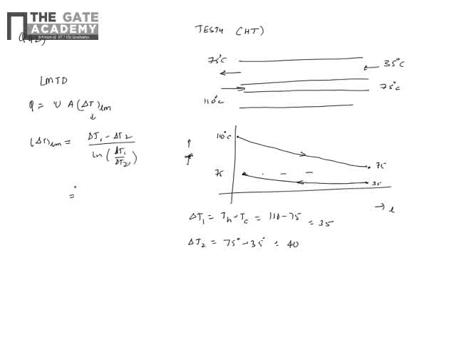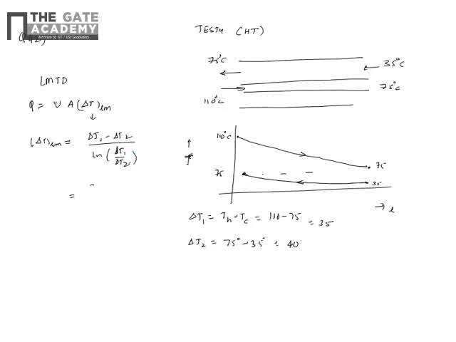So how do I find delta TLM? I need to do delta T1 minus delta T2 by ln of the ratio. It doesn't matter whether you do delta T2 minus delta T1, because the sign will take care of itself.